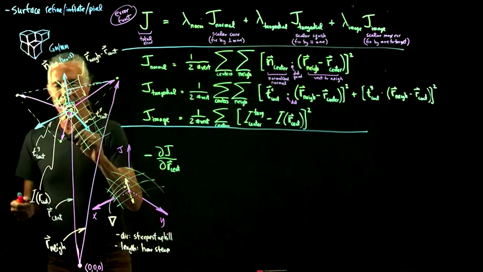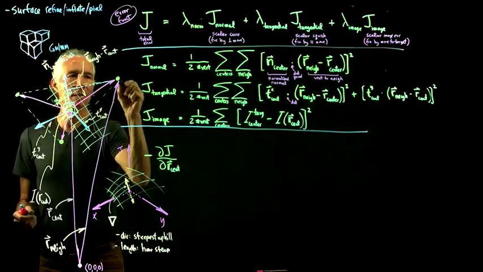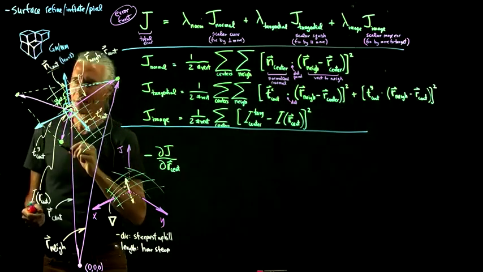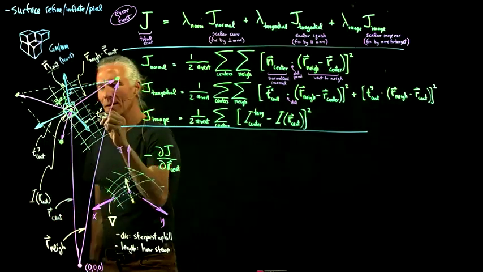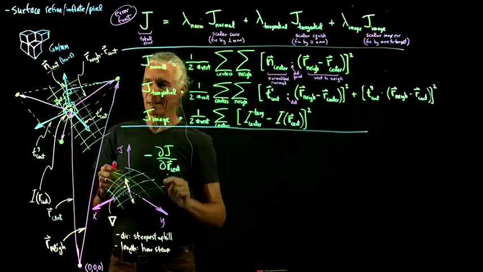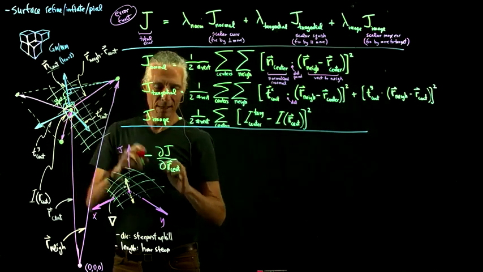So that means that all these surrounding vertices are constant. The normal is constant. We're not changing the normal. It's a partial derivative because we can only fix this by moving the XYZ position of the center point. That's the meaning of this.